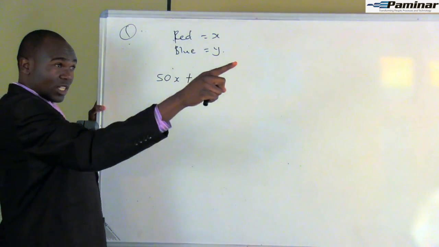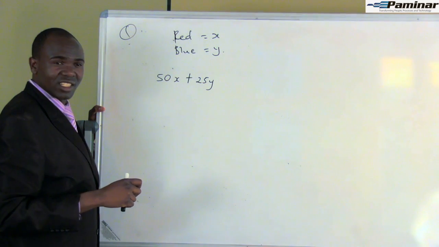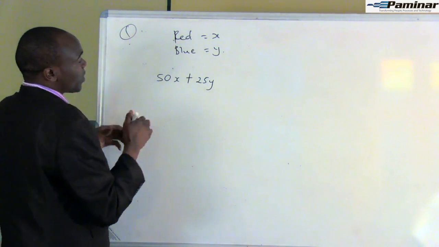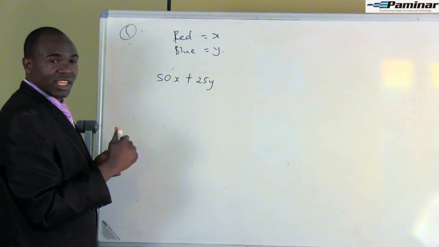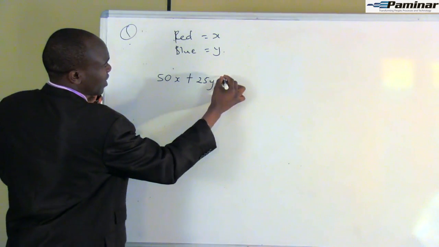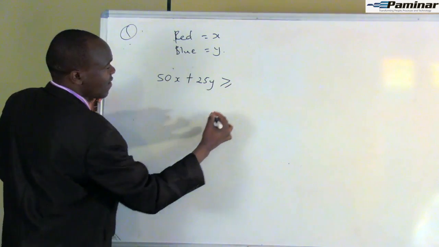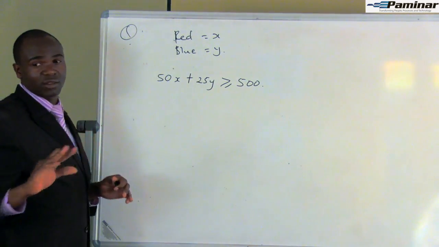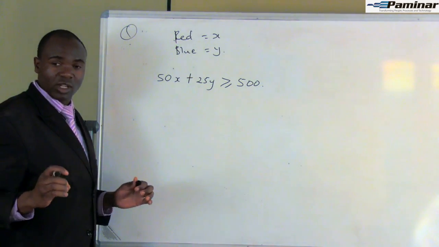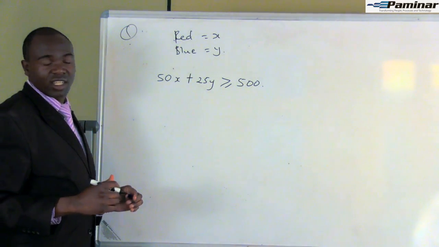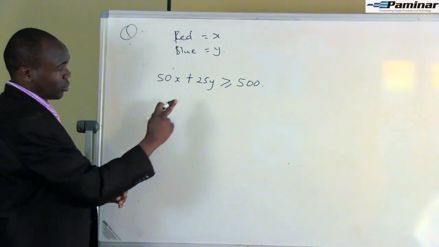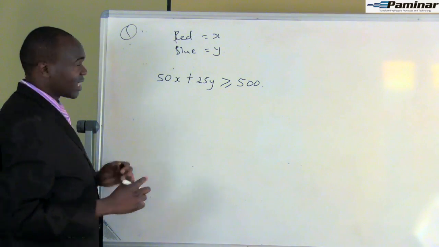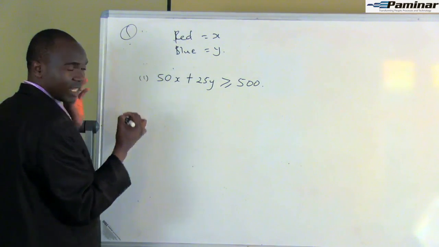But all this should be able to accommodate how many learners? 500 learners. That's why it should be greater than or equal to 500. It cannot be less than, because if it's less, it cannot accommodate these students. It should be greater than or equal to 500. That's the first constraint.